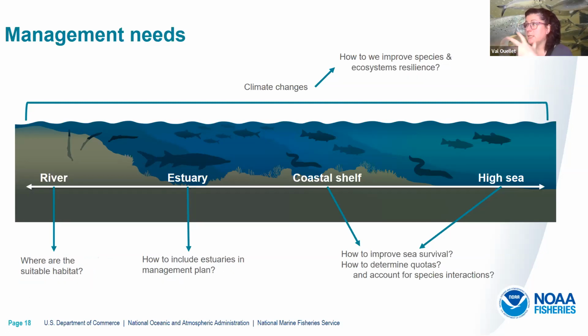And how this is linked to management. We talk a lot about improving species and ecosystem resilience. So those habitats are key to that. Like, do they have the habitat that they need to function and fully complete their life cycle? And where are the suitable habitats, the ones that we need to protect or that we need to restore, including estuaries and management plans, all that stuff.